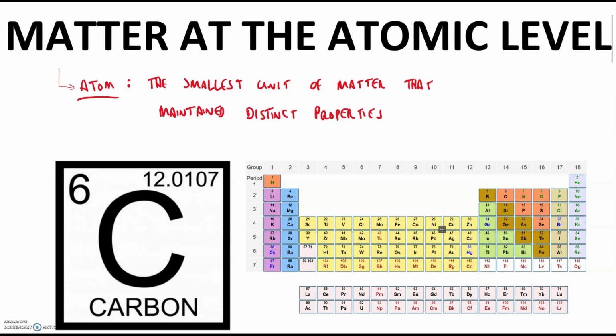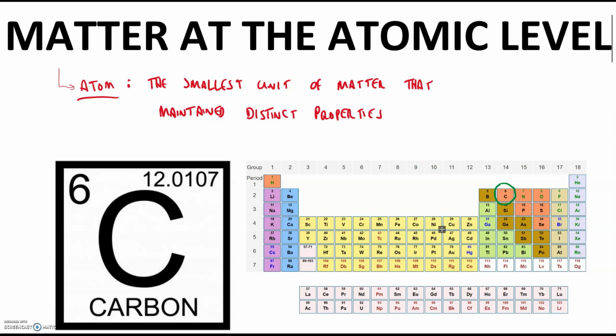This looks like a big jumble, but it's really laid out pretty sensically, and we'll get to what all this stuff means in a little bit. Well, here's carbon right here, represented by this symbol C.